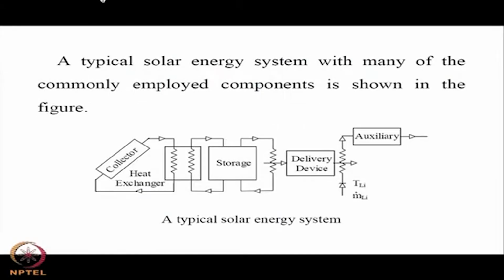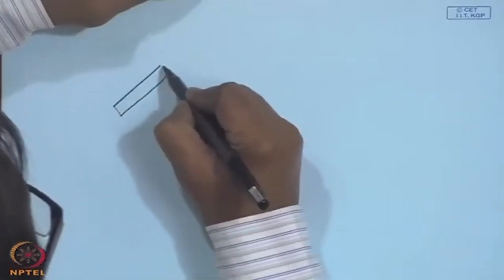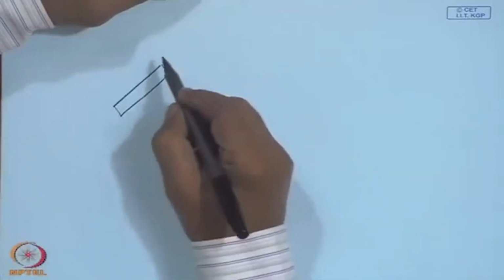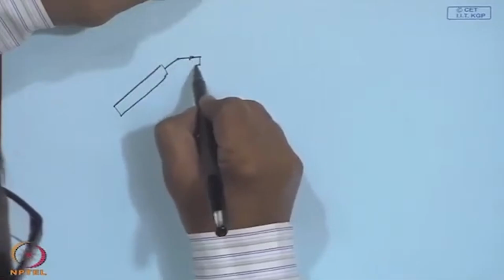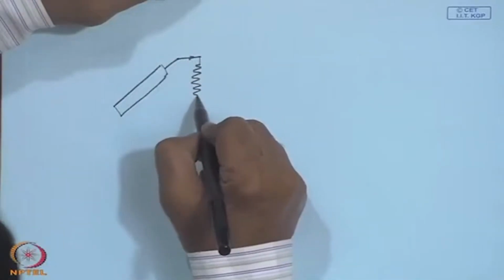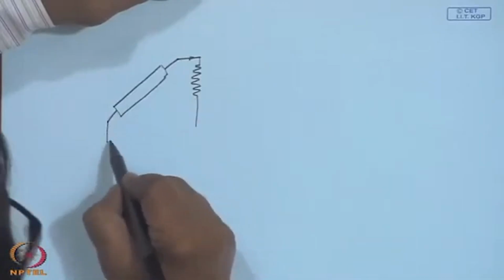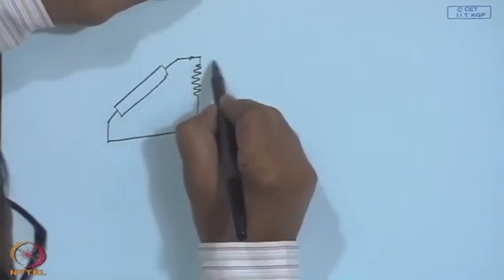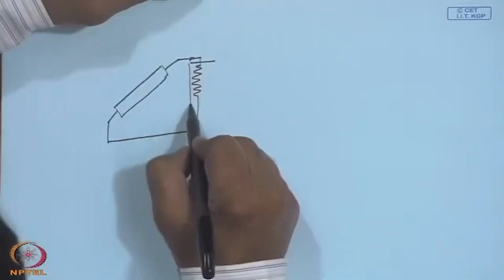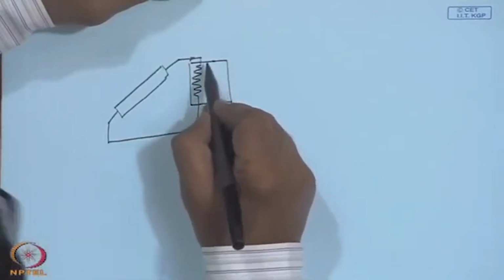So, you can see this picture, which I will try to redraw, which consists of typical components in a solar energy system, which I will also tell you that some of them can be absent or present, and you can equivalently model depending upon your need and depending upon the actual components that are present.